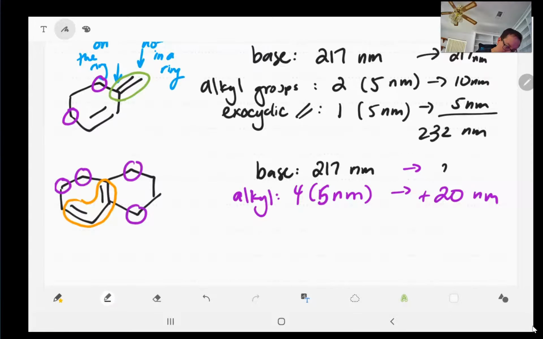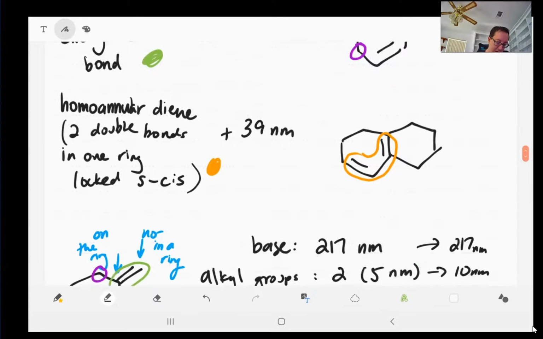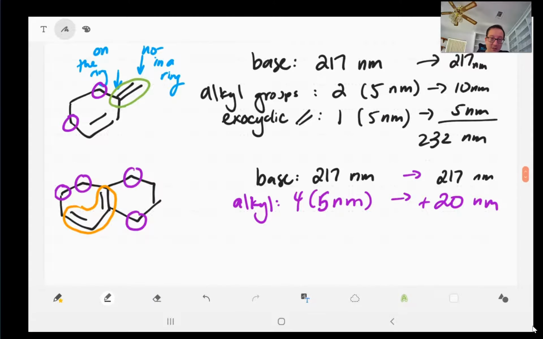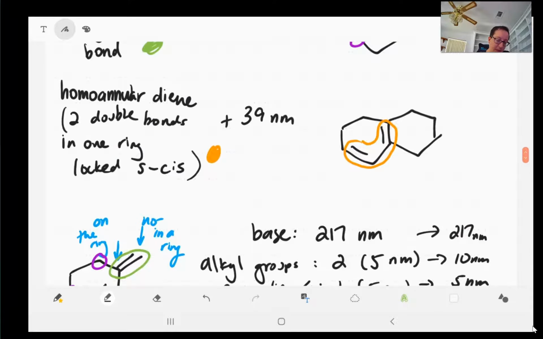Our base value is 217. Next, we're looking, do we have any exocyclic double bonds, ones that are sticking out of a ring? Nope, I do not see any double bonds that are sticking out of a ring here. And then do we have a homoannular diene? Yes, we do.